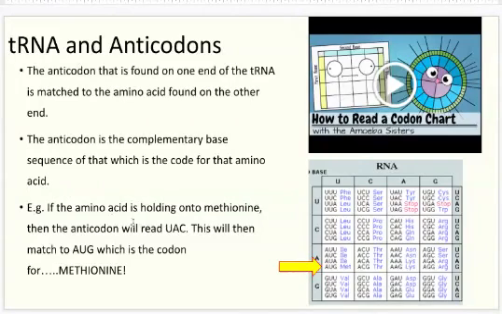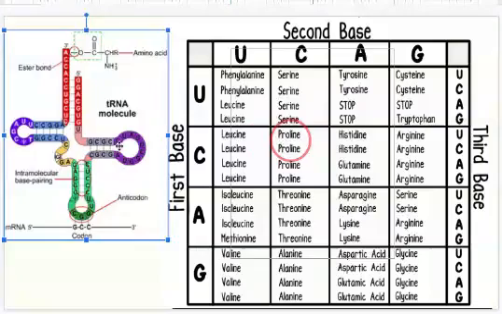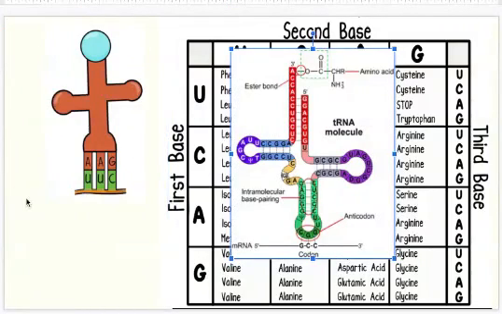For example, if the amino acid is holding on to methionine, then the anticodon will read UAC, and this will then match to AUG, which is the codon for methionine. Now, that doesn't sound like much, but you will understand it when you learn how to read these codon charts, and let's have a look now. So I'll just move this over. So you might recognize that from a more simplistic view of a tRNA molecule.